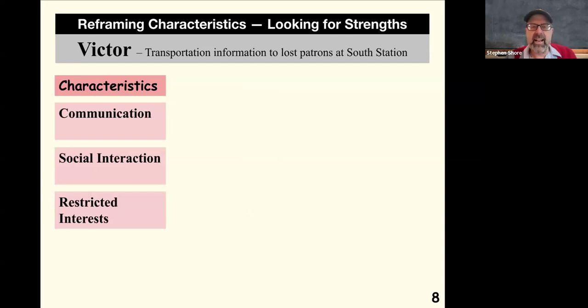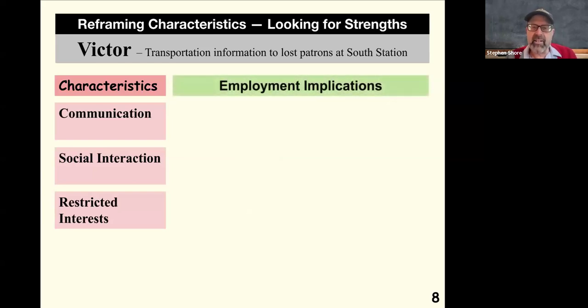And as we consider the characteristics of autism, instead of the deficit model of deficits in communication, social interaction, and so on, let's take a look at these differences. And how do these characteristics, what implications do they have for employment for this individual?